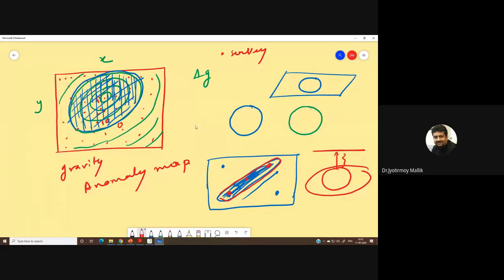Another thing you have to remember is that these techniques, for example gravity, and magnetics, which we will discuss in the next chapter, are not used in isolation.